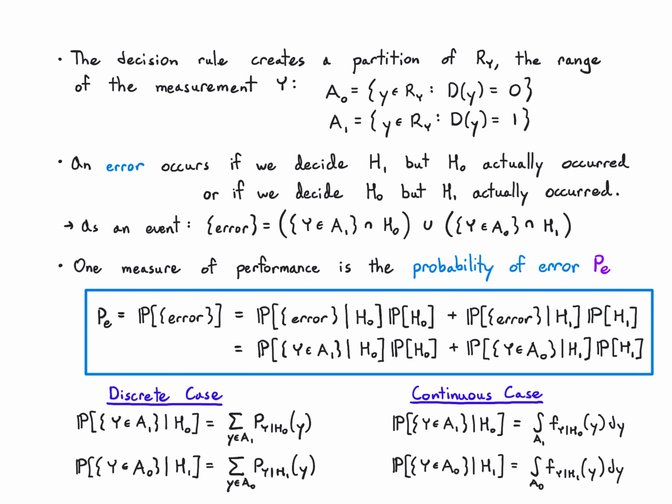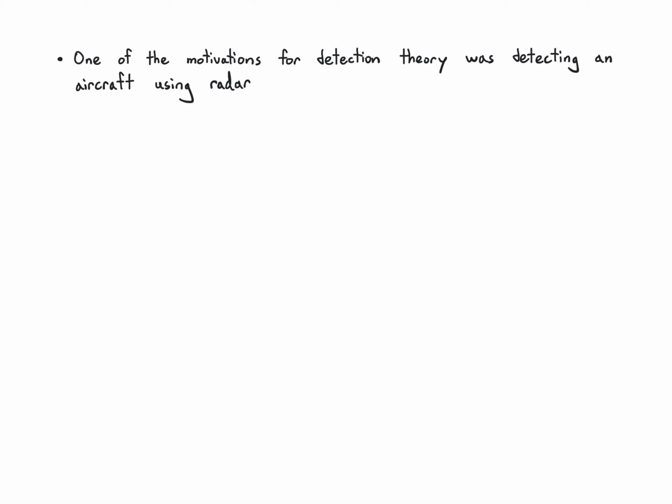Part of that visualization, I just want to point out that one of the motivations for detection theory in the first place was detecting aircraft using radar. So this actually informed some of the terminology, and we're going to see that right now. There are two ways of making an error in this case.